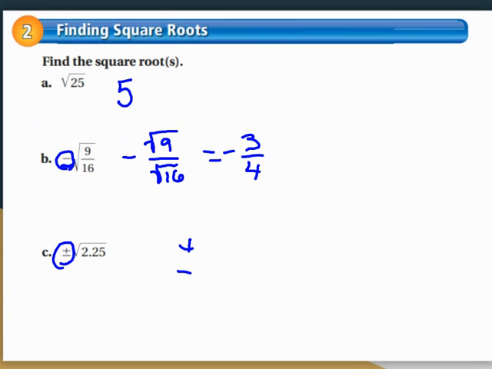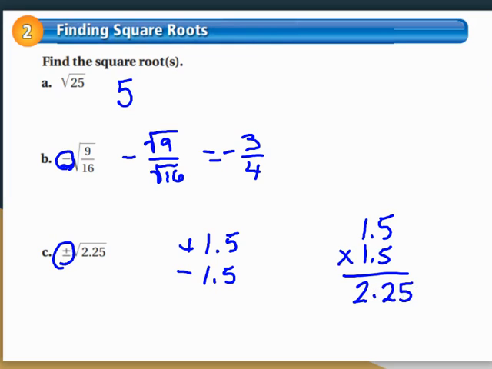So the answer to this would turn out to be not 15, but 1.5. So if I take 1.5 and I multiply it by 1.5, I end up with 2.25. So the square root of 2.25 is 1.5.